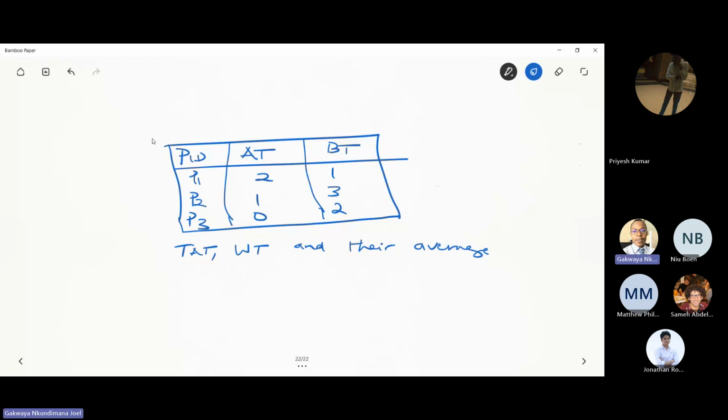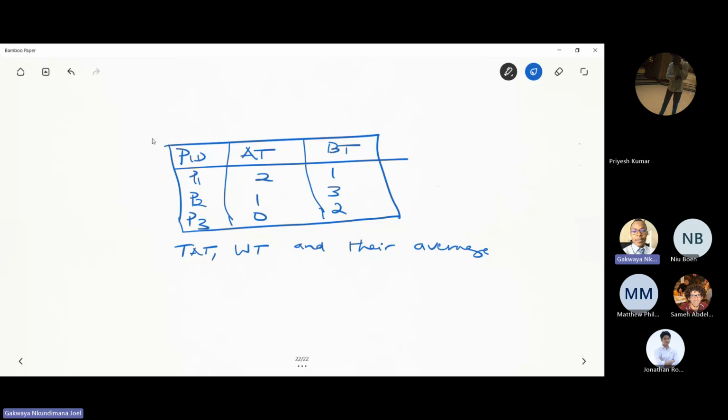Remember, this one we look at the burst time. The other one we use either this or the previous one. Let me show you the hidden trick here. Before you look at the burst time, you need to look at the process which came early.